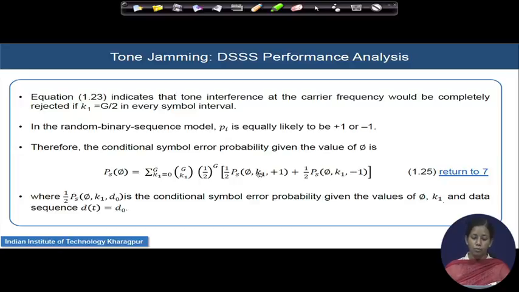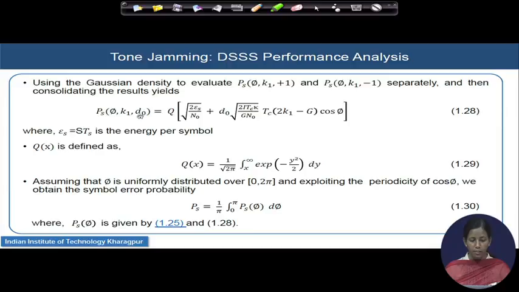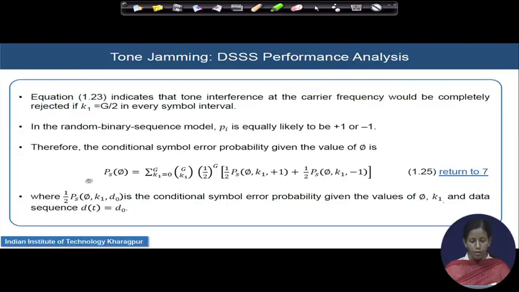Please remember that both these conditional symbol error probabilities are heavily dependent on the choice of k1 also. So, you must choose the value of k1 properly, in such a way that the value of V1 does not come to 0 and thereby stop contributing to the error probability calculation. Finally, we have reached the equation of Ps, and substituting this Ps back into equation 1.25, we can compute Ps phi.